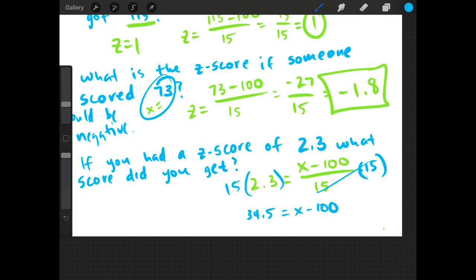And then the last thing, to get x by itself, add 100 to both sides, and you end up getting x equals 134.5. So if you got a score of 134.5, an IQ score of 134.5, then you were 2.3 standard deviations away.